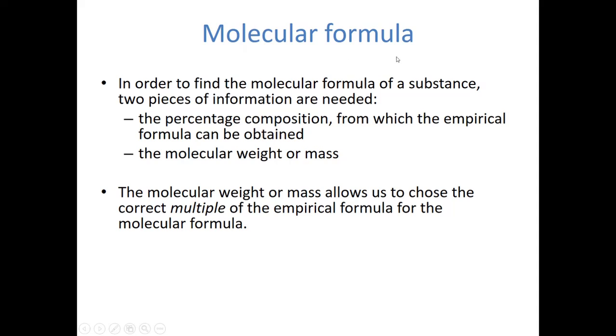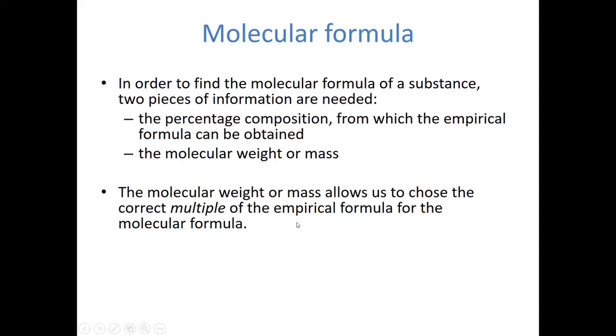What is the molecular formula? In order to find the molecular formula of a substance, 2 pieces of information are needed. Maksudnya untuk kamu cari molecular formula tu, kamu kena ada 2 maklumat. Pertama ialah percentage composition, di mana kamu dapat daripada empirical formula, dan molecular weight ataupun mass.